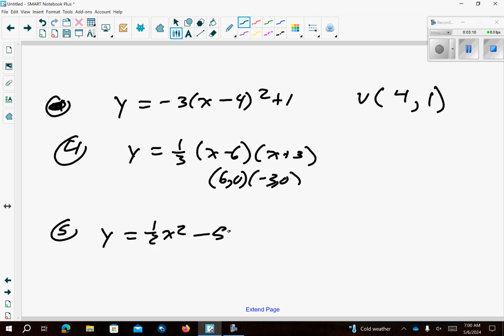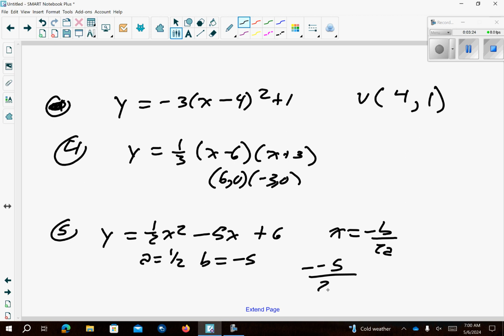It's kind of a silly one to find, but remember the axis of symmetry is x equals -b over 2a. In this case, our a value is half, our b value is -5. So x equals -5 over 2 times half. -5 is +5. Half of 2 is 1, so our axis of symmetry is just 5.